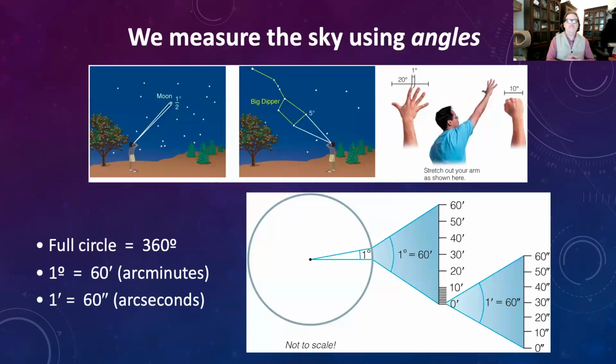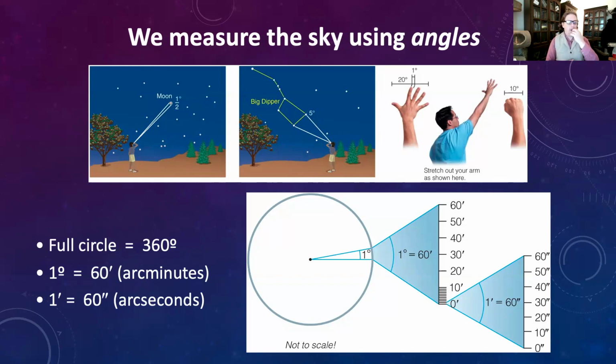How do we measure things in the sky? We do it using angles. You start off with a degree: 180 degrees moves from one horizon to the other, and 360 degrees makes up the entire sphere. Examples of these: the moon and the sun both are approximately half a degree in size.